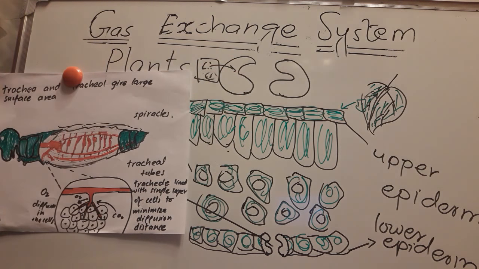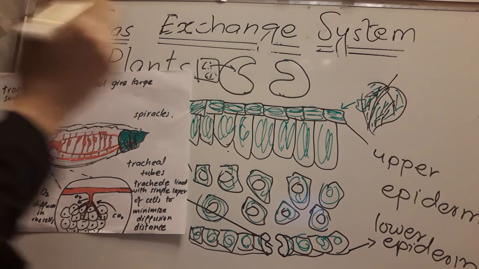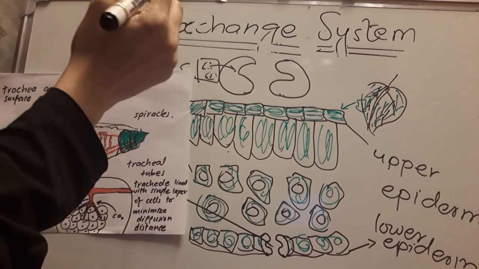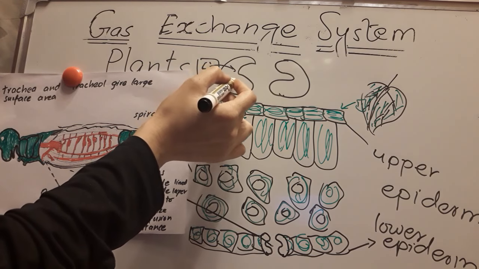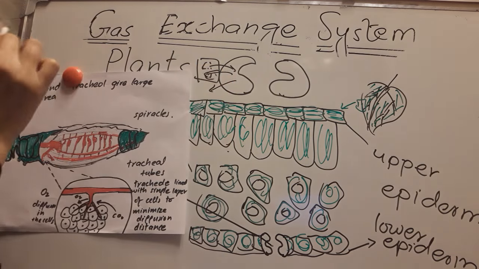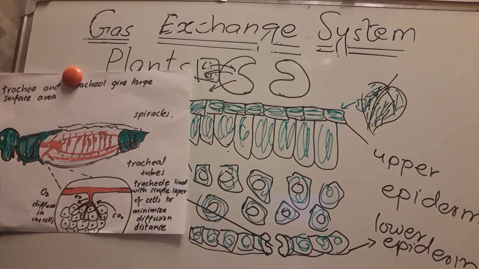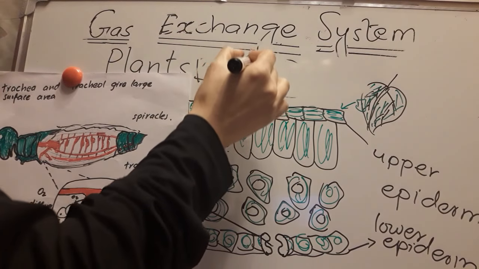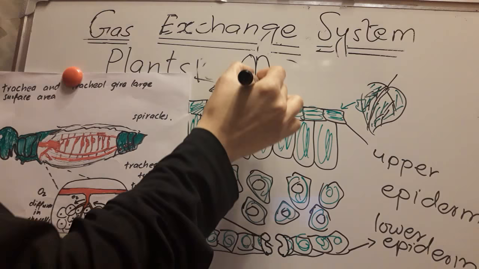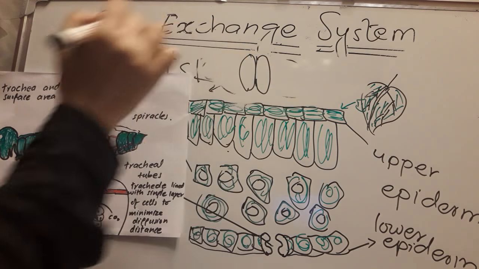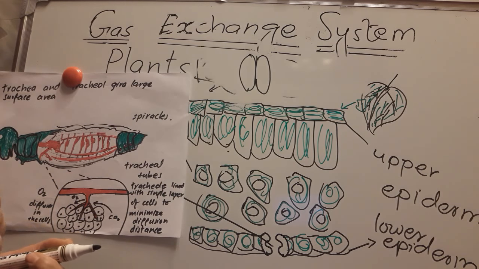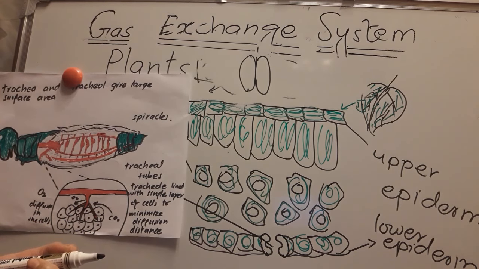If the plant gets too dehydrated, or if the plant loses water in dry conditions or very windy conditions, then what happens is these guard cells lose water, and when they lose water they become flaccid. So the pore is closed now. In this way they control the loss of water.